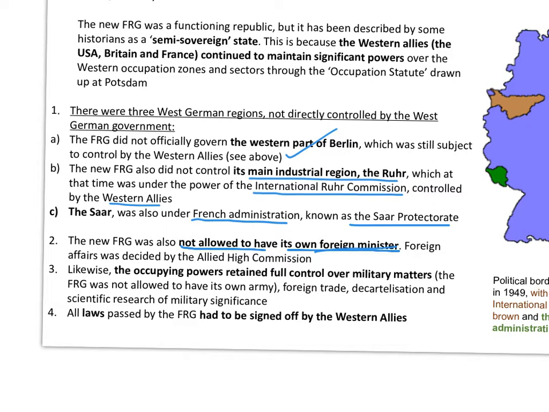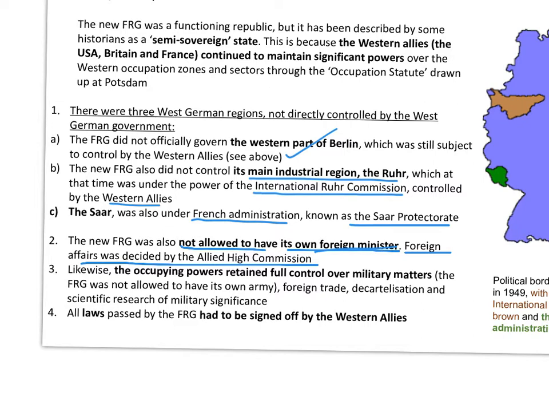West Germany was not given that right. That power was taken away from it. So the new West Germany that was created did not have its own foreign minister. Foreign affairs instead would now be decided by the Allied High Commission. Okay, so that was a body consisting of Britain, France and America that would decide on West Germany's foreign relations.